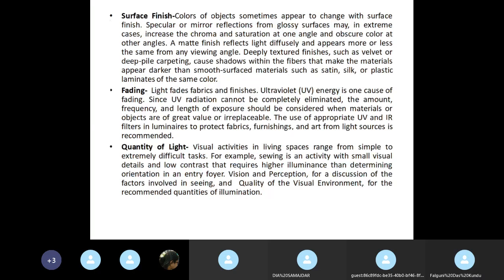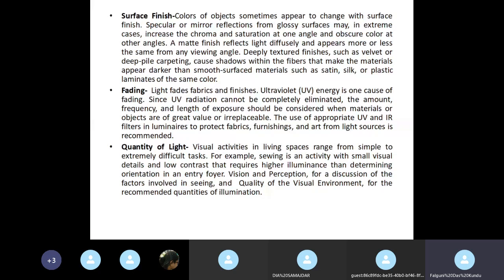Then the surface finish. Colors of objects sometimes appear to change with surface finish. Specular or mirror reflection from glossy surfaces may, in extreme cases, increase the chroma and the saturation at one angle and obscure color at other angles.